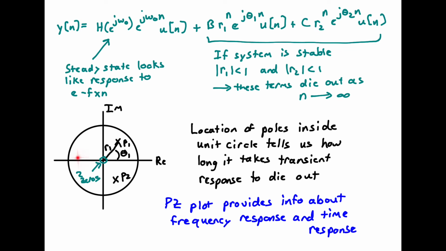So the pole zero plot is very informative about what the system's behavior will be. It tells us a lot about the frequency response, which is going to tell us how it's going to scale this complex exponential input. And then it tells us about the time response of the system, meaning how long it will take the system's own natural response due to the poles to die out.